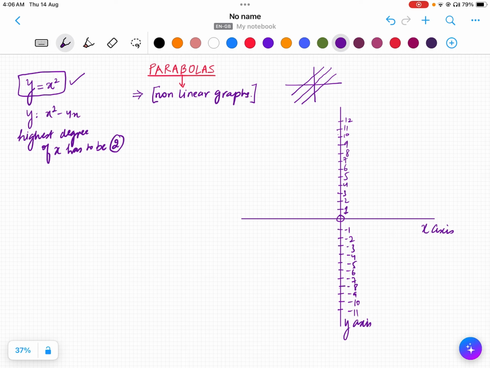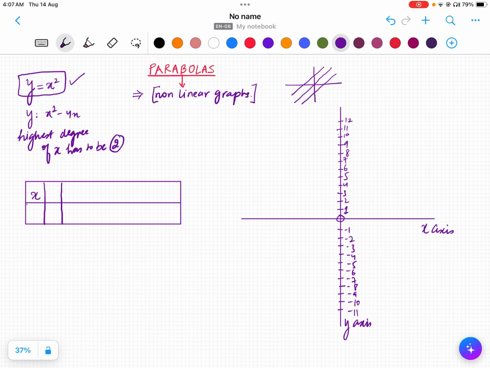Okay, let me also draw a table for you here. Now why am I drawing this table is because I will take some values of x, and those values will be plotted.